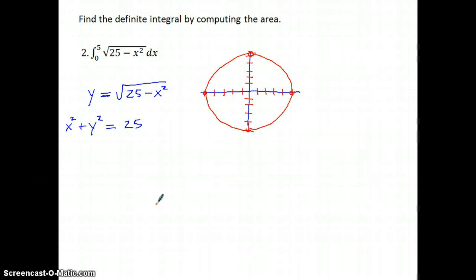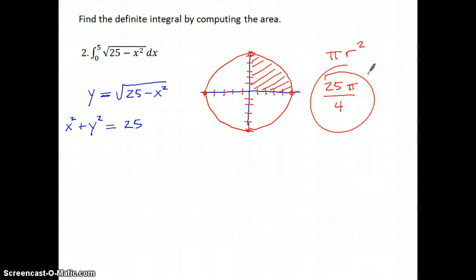And we want to find the area of the circle from 0 to 5, which means we're just looking at this particular area, right? And so that means we're going to find the area of the circle, which is pi r squared, so that's 25 pi, and then we cut it into fourths. And that's the area from 0 to 5.